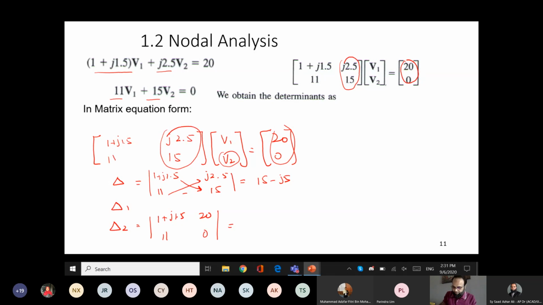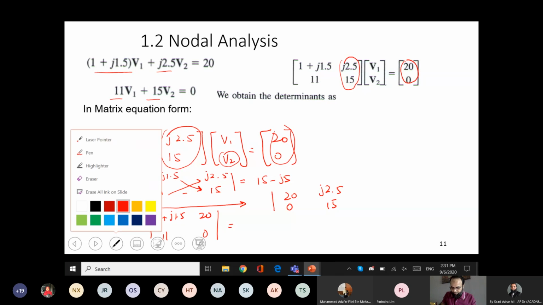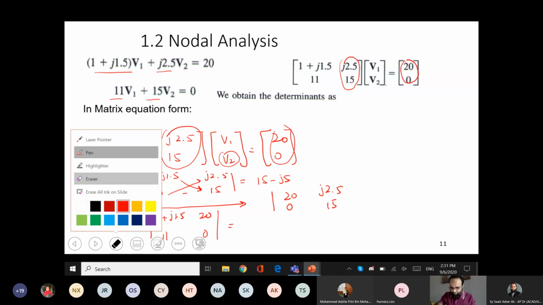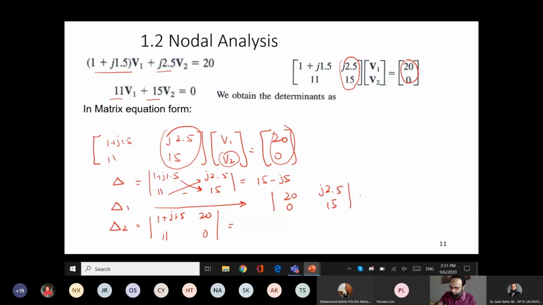Similarly, delta 1 will be 20, 0, j2.5 and 15. And we find these values. By the way, delta 1 is 220. I have it in my other slide open here.